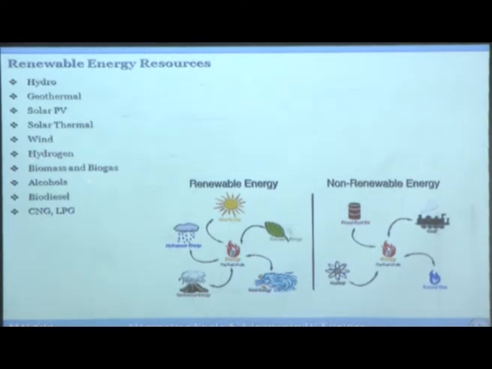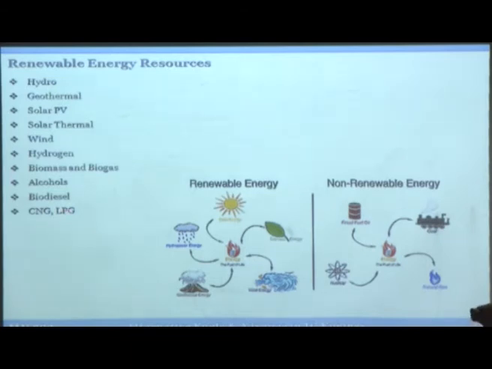This is also CO2-free because biomass, when it grows, absorbs carbon dioxide from the atmosphere, you use it to generate heat or energy, and then you put the same CO2 back. In the next cycle the same CO2 is again captured, so it's also CO2-free. Different types of alcohols. Biodiesel is also of biofuel origin. And then I have also looked at CNG, LPG as renewable energy sources, in the sense that if you have biogas, you can convert it to natural gas.